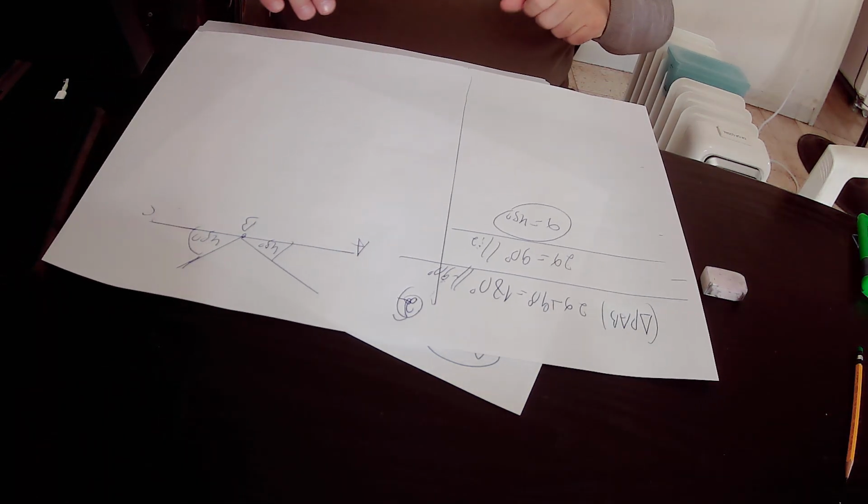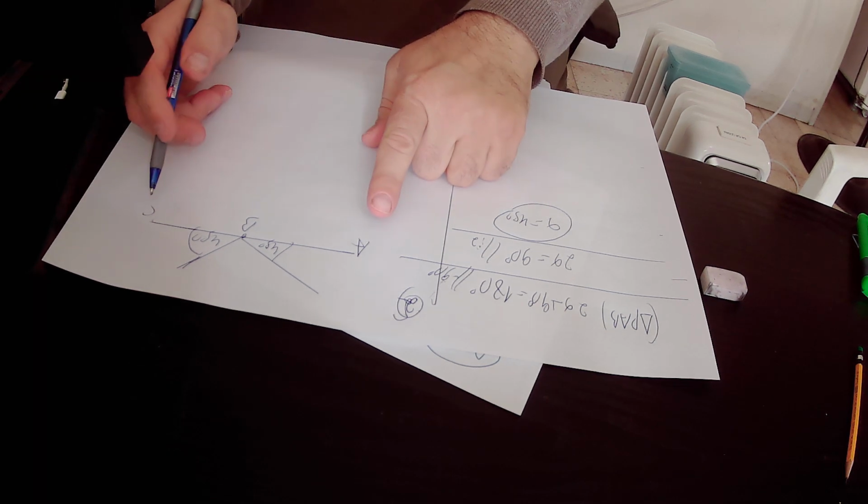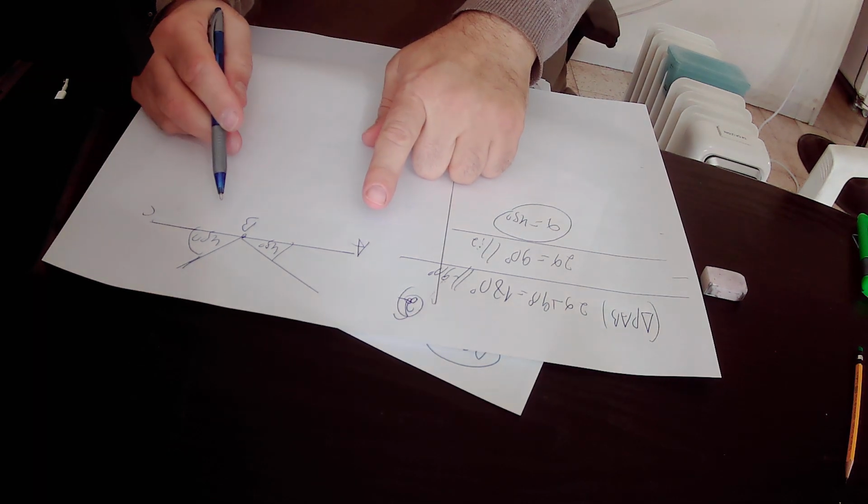So this is the straight line AC that I copied from the original drawing.